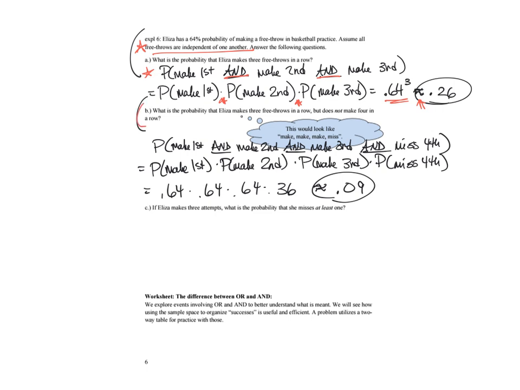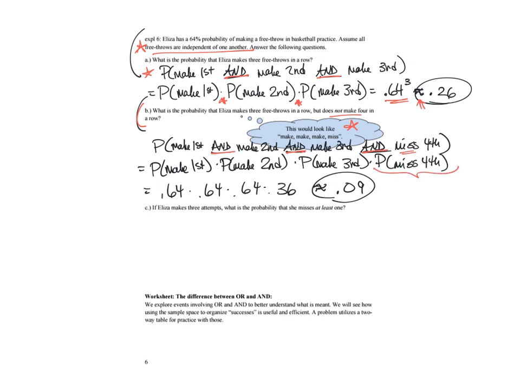On letter B, it says, what's the probability that Eliza makes 3 free throws in a row, but does not make 4 in a row, which is to say she makes three and then misses. So that's the probability that she makes the first and makes the second and makes the third and misses the fourth.